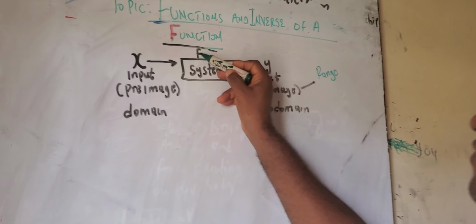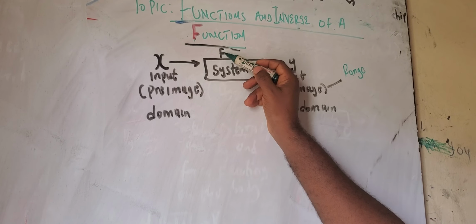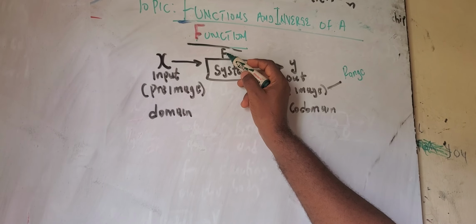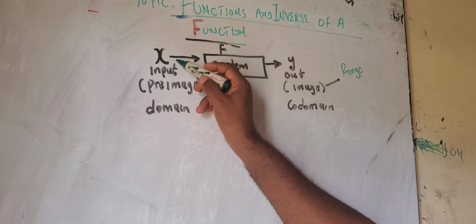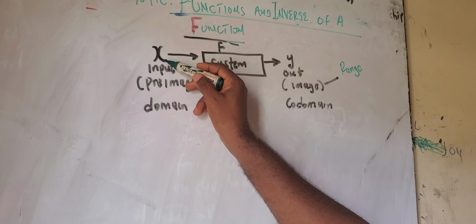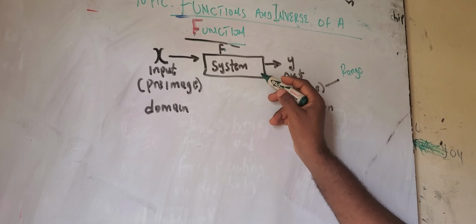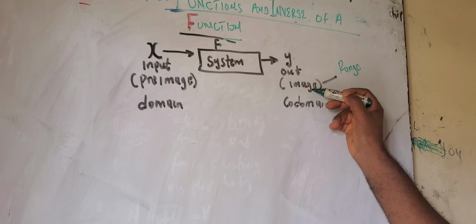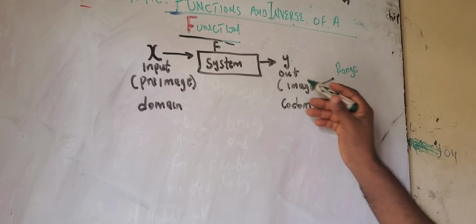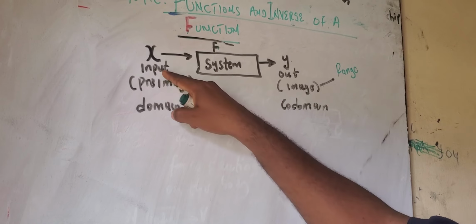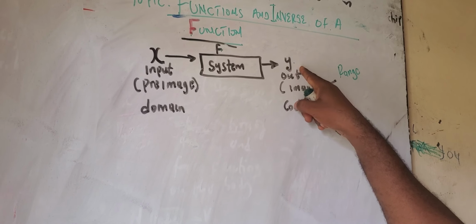So function f can be defined as a mathematical expression that takes in an input or a variable x in such a way that an output called image is produced. So a function is a mathematical expression that takes in input to produce a unique output.